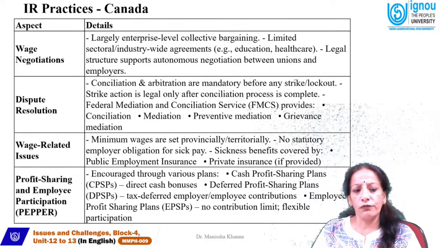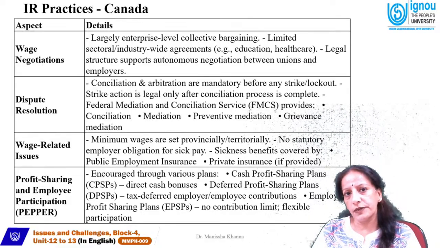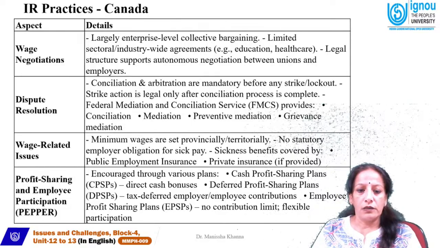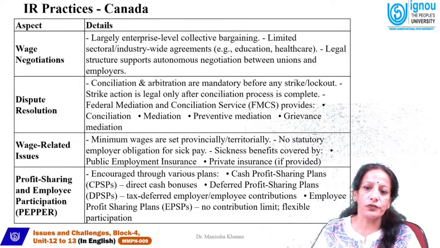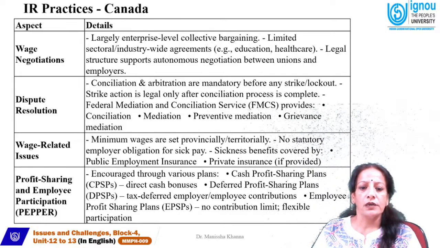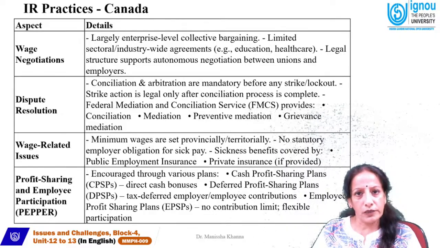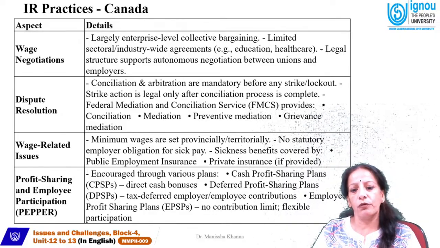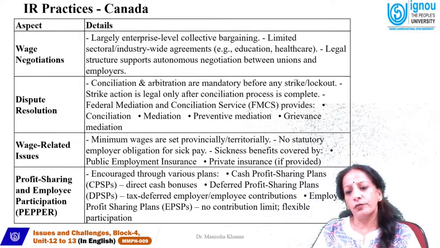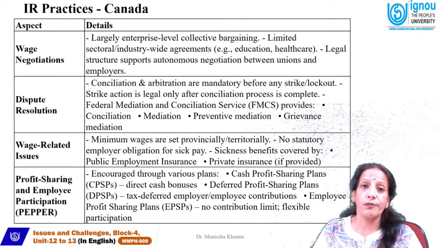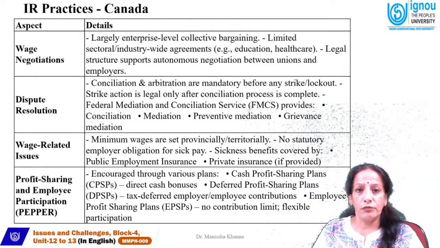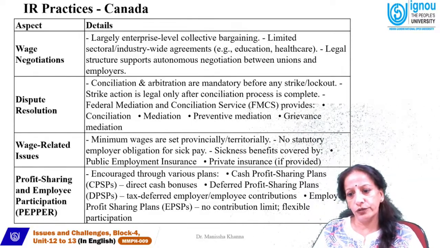On profit sharing and employee participation, various plans are encouraged, which include CPSPs, that is cash profit sharing plans, where direct cash bonuses are distributed to the employees. Deferred profit sharing plans, that is DPSPs, are tax deferred on employer or employee contributions.